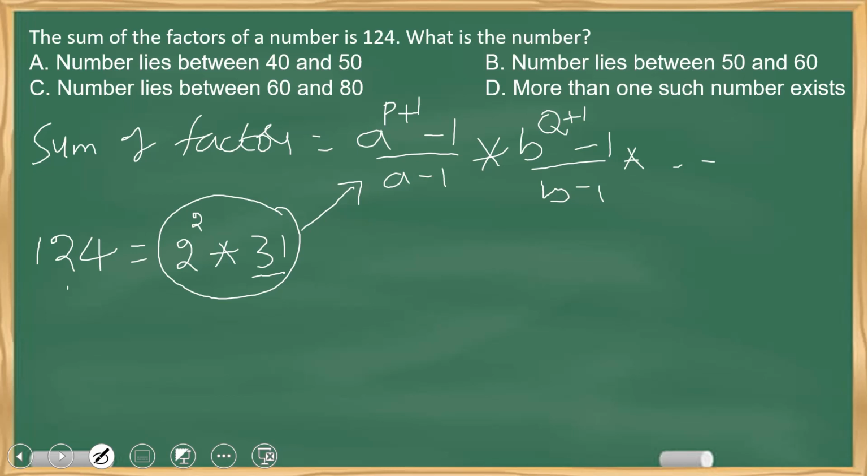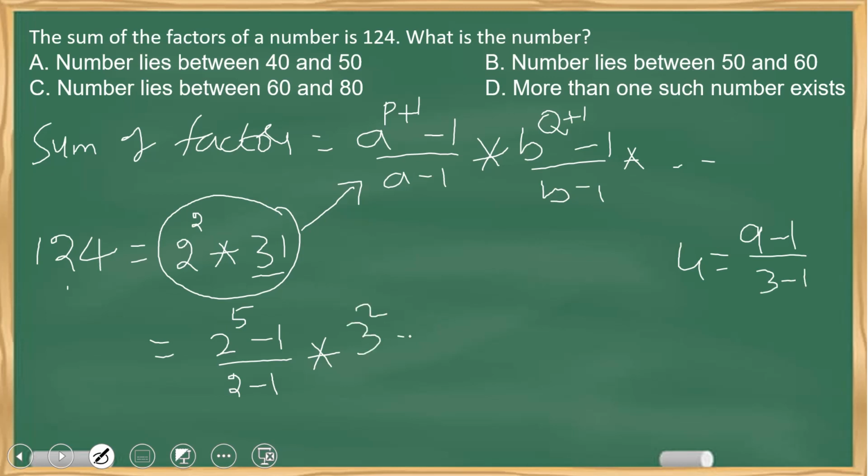So I can write this as (2^5 - 1)/(2 - 1). And 2 square is 4; the base 2 has already been used, so 4 should be converted into the base of 3. So 4 can be written as (9 - 1)/(3 - 1), where 9 means 3 square, minus 1 by 3 minus 1.